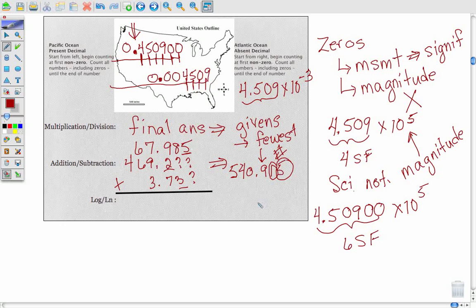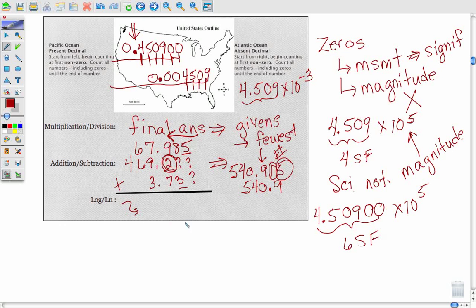So truly where we need to go is to the 10th place. So you look at all the values, you find out which goes furthest to the left, and that would be the place that we would round this number to. And so in our case, I would round this to 540.9. Round it to the 10th place. So you count not total number, but you count digits to the furthest over towards the left.